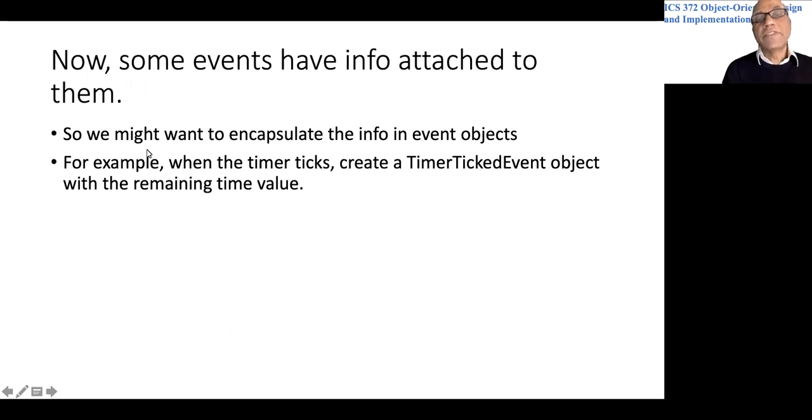Now, there are different types of events: door closed, door open, cook. There is no data associated with them, but something like the timer ticks has data associated with it. When the timer ticks, there is a new timer value. So we have one set of events for which there is no data, and for another set, there is some data.